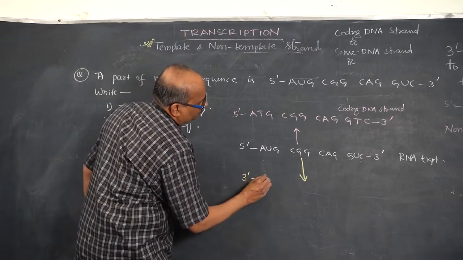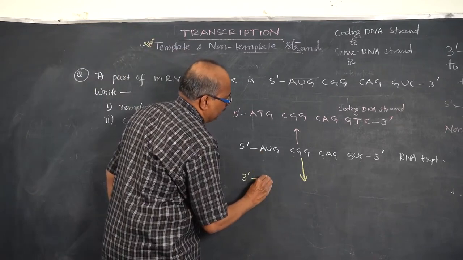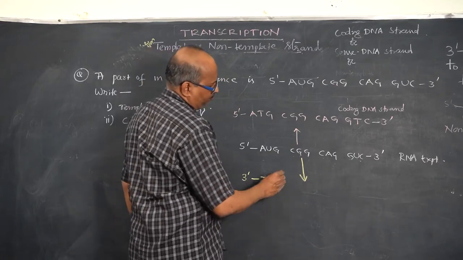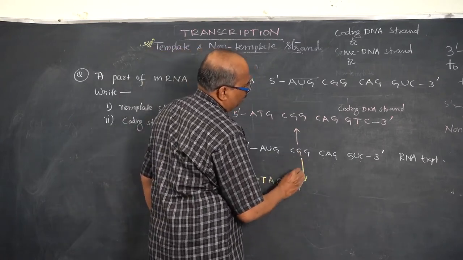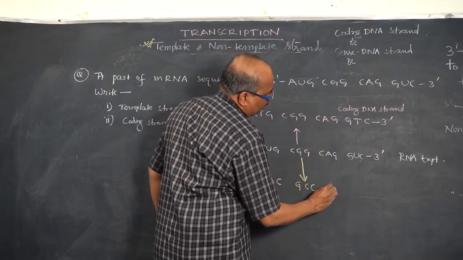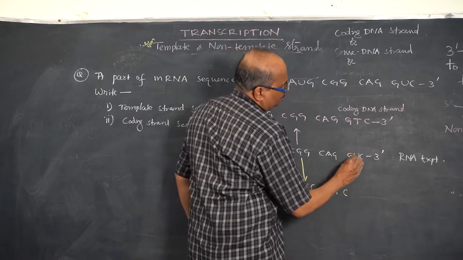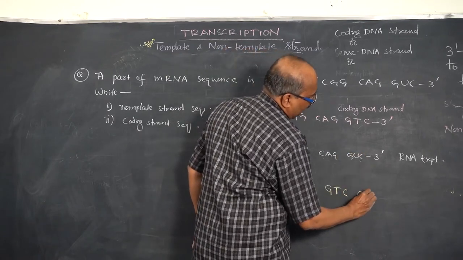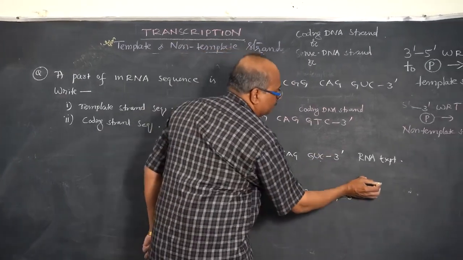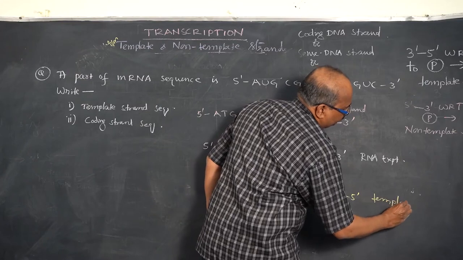So 3 prime, A we get T, U you get A, G we get C, C we get G, G we get C, G we get C, C we get G, A we get T, G we get C, G we get C, U we get A, C we get G, 5 prime. So this is the template strand.